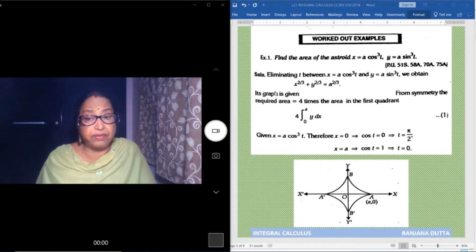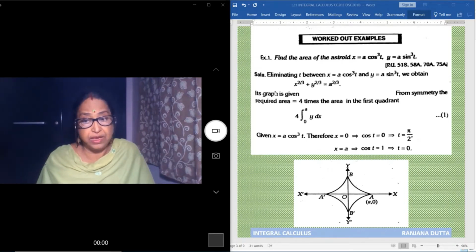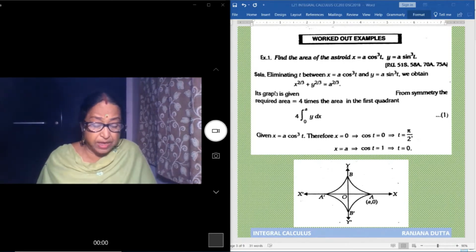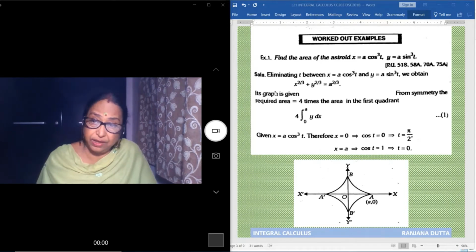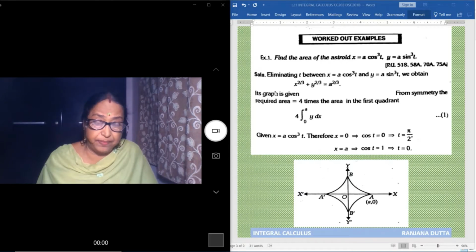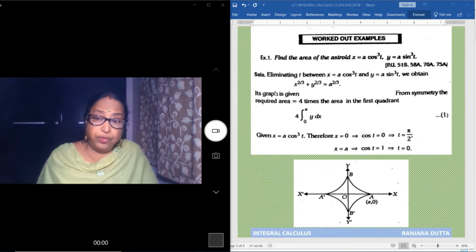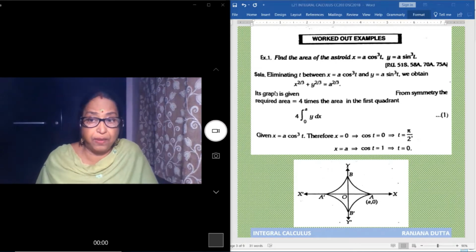Here we have transferred it into Cartesian form, and after tracing the curve, as you can see on your screen, we have to find the value of the area.